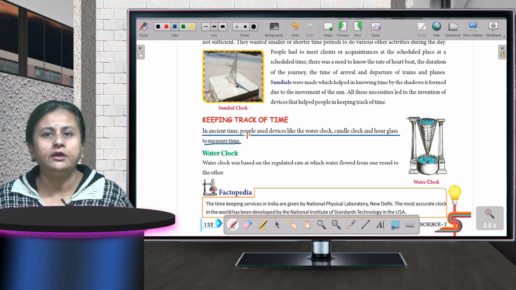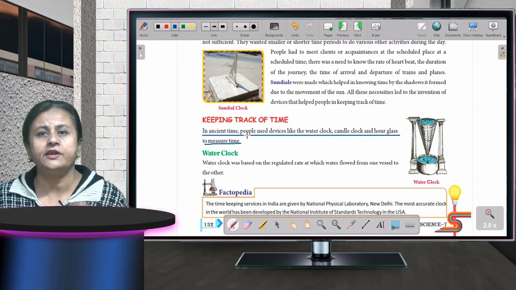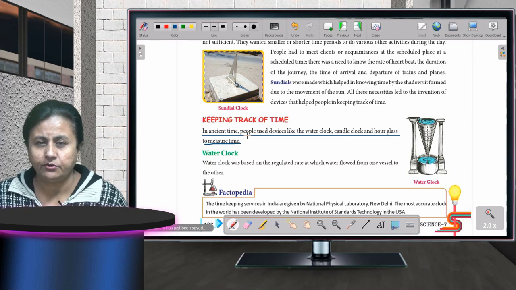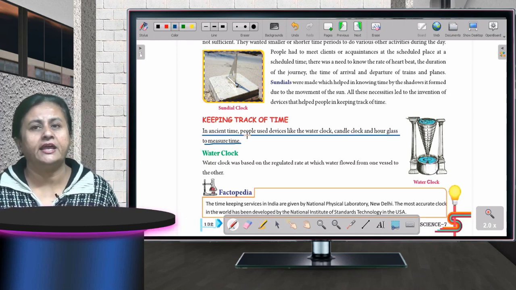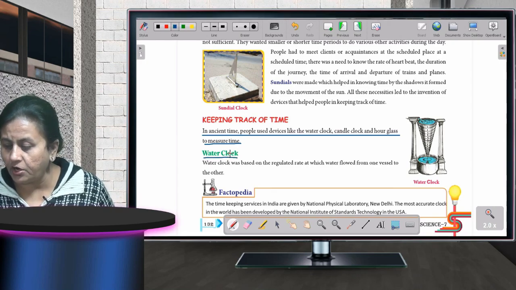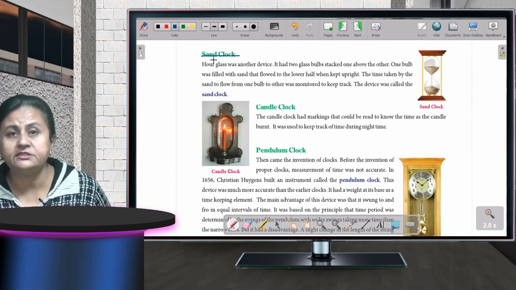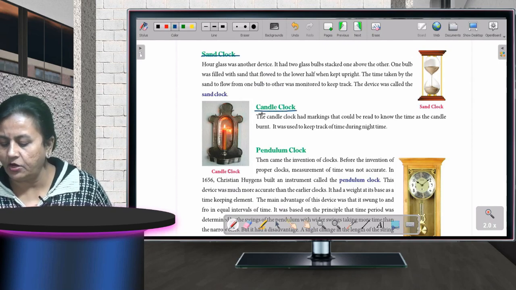But now things have changed. We have watches, wristwatches, clocks, smart watches. We are keeping track of time with those instruments. Earlier it was done with a water clock, then sand clock, then candle clock, and then the pendulum clock.